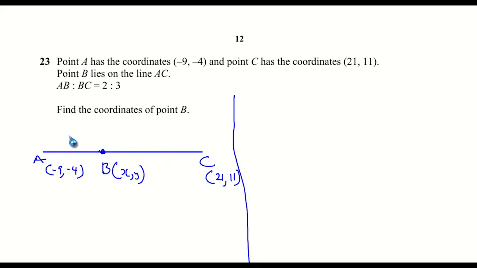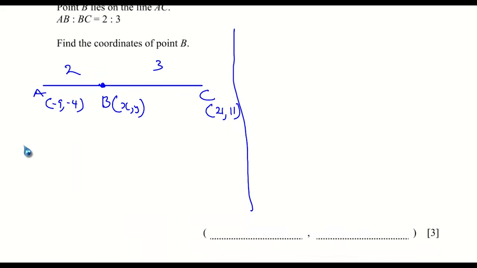It is 2 to 3. So what is the total ratio? The total ratio is 2 plus 3 equals 5. So it means that B is 2/5 of the whole thing. It is 2/5 of the way from A to C.